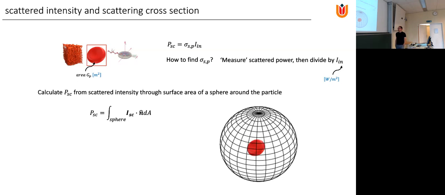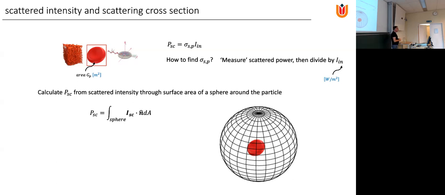We take this particle and put it in a large imaginary sphere of a certain radius. There's light incident on the particle, and it scatters the light in all directions. Let's say we can measure the light that goes through the surface of this imaginary sphere.